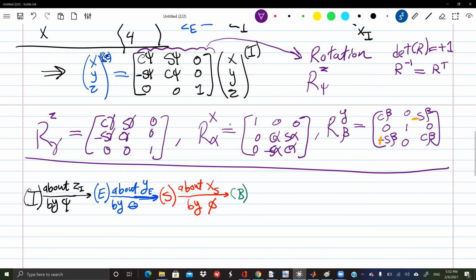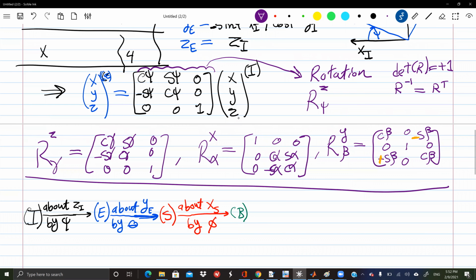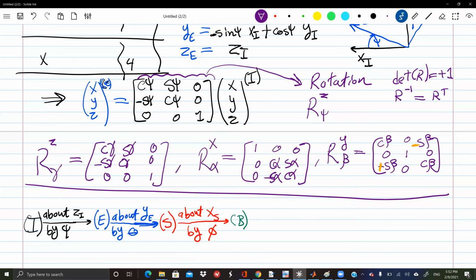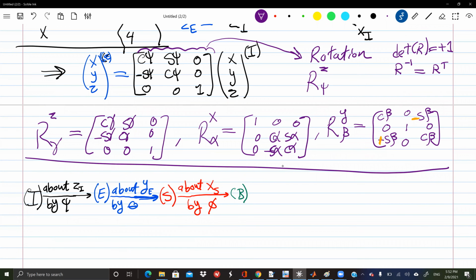The role of the rotation matrix is very important. It simply relates the two frames. Whenever you have a vector in the new frame, it's simply the rotation matrix times the vector in the old frame. That's it. Any vector, velocity, acceleration, force, angular velocity, the components in the new frame are equal to the rotation matrix times the components in the old frame. And we simply got a way to construct our rotation matrix. So we're basically done.